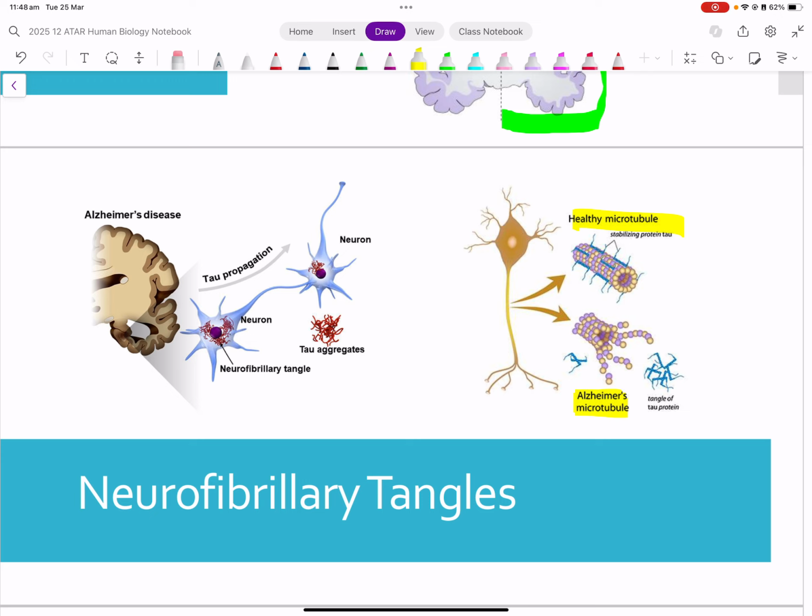The overall structure, we don't need to know. But as you can clearly see in this diagram over on the right-hand side, these Alzheimer's microtubules do not look like a normal, healthy microtubule. So again, it's affecting their ability to transport nutrients and good materials around.